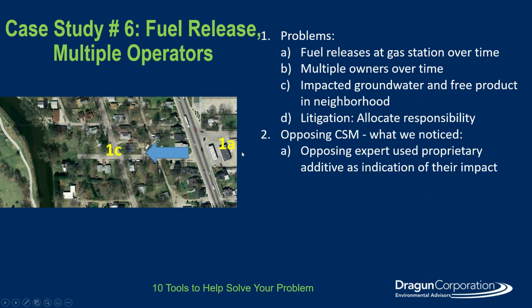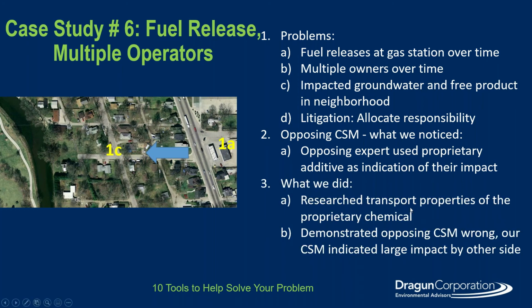So the opposing conceptual site model, the expert used a proprietary additive in their gas as an indication of the extent of their impact, and basically said, well, we don't see that additive over here, therefore the impact can't be our impact.